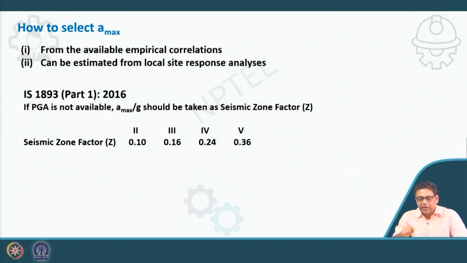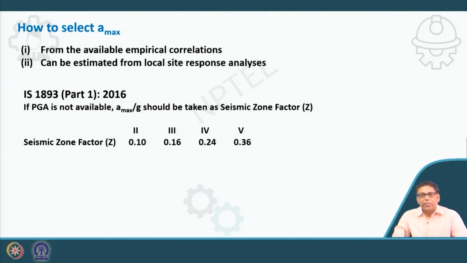So it can be estimated from the local site response or ground response analysis. I have already discussed in the previous module that you can also do the seismic hazard analysis, using the attenuation relations that are given.